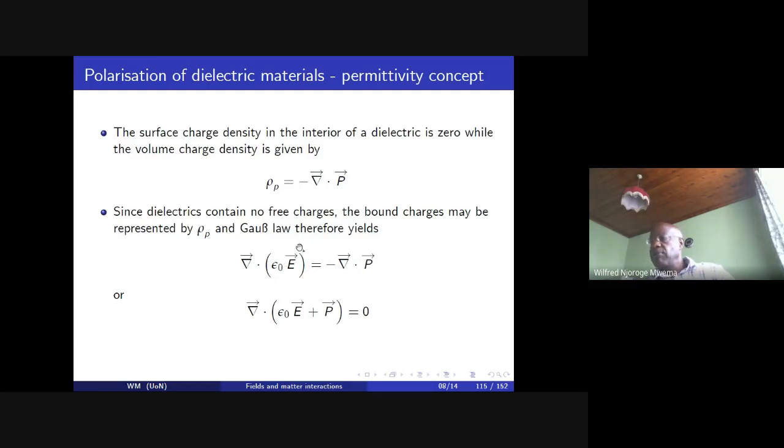This is Gauss law, because Gauss law says that the integral of the electric displacement around a surface bounding a volume V containing charge will be equal to the net charge enclosed. And this is the net charge that will be enclosed there, that is rho P. So we can take this to the other side and put them together, and we see that the divergence of epsilon naught E plus the polarization P must be equal to zero.